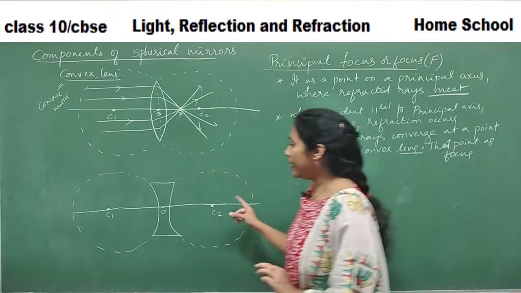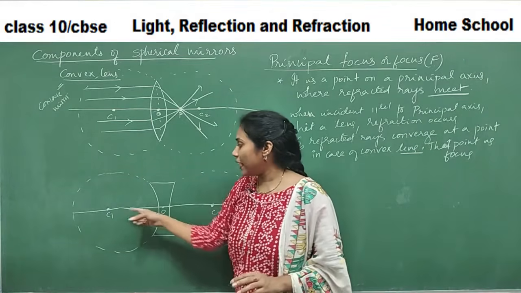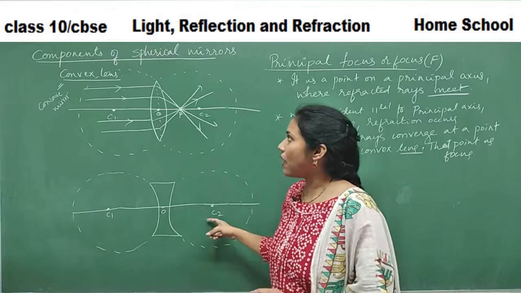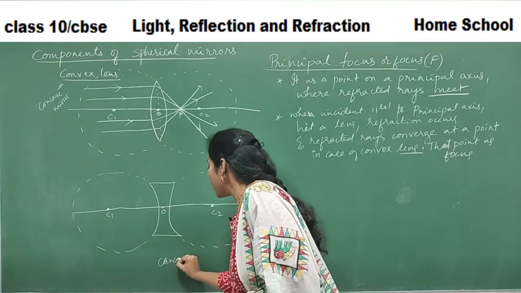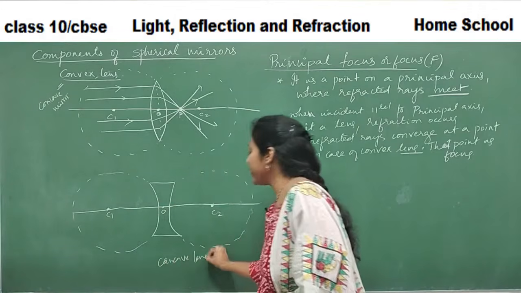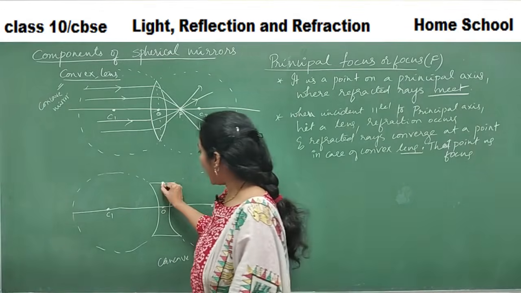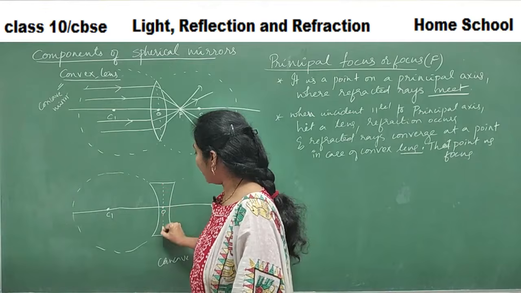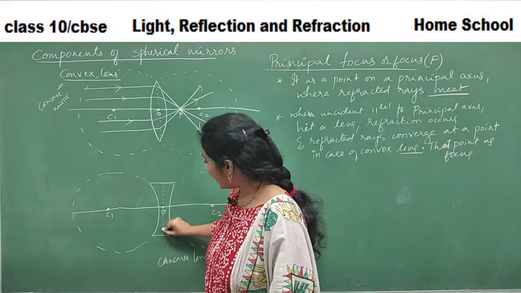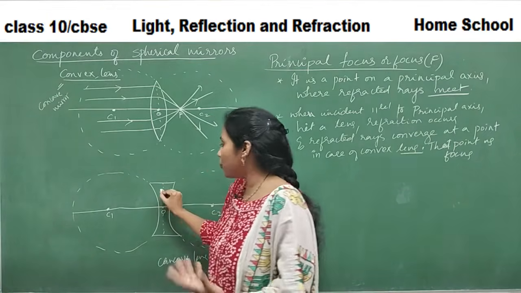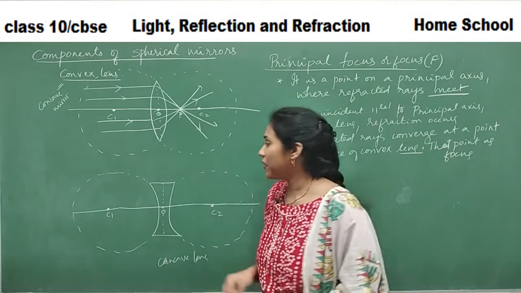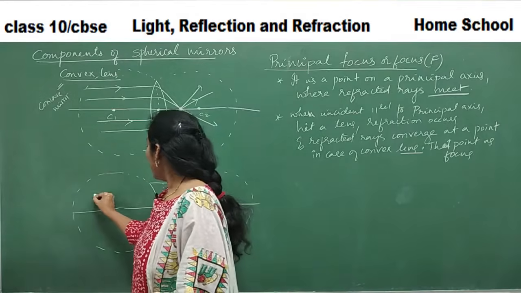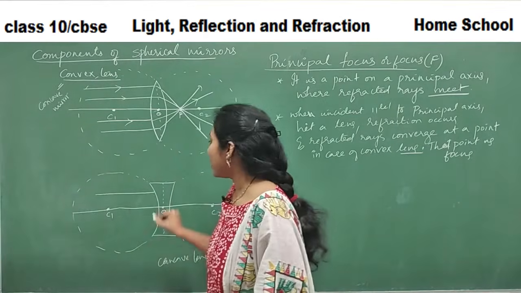Fine. Let us see how to find the focus point in the case of a concave lens. What is this? Concave lens. Here you put an imaginary line at the center, because this is where you will show the incident ray hitting and then refraction. Here also parallel rays are coming.